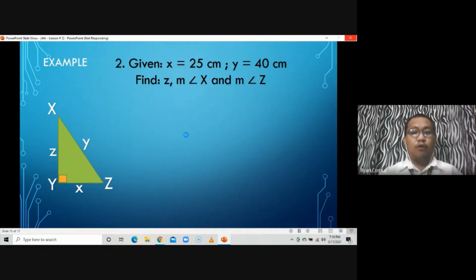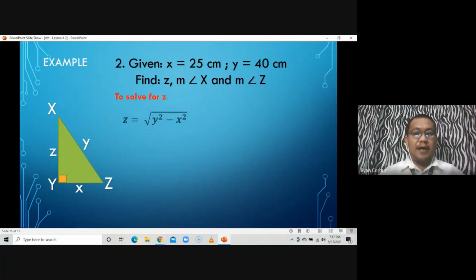So, to solve for Z, we are going to apply the formula Z is equal to the square root of Y squared minus X squared. So nakuha natin yan by analyzing yung Pythagorean theorem. So since the leg is what we are looking for and Y there is the hypotenuse, it should be the square root of the square of the hypotenuse minus the square of the other leg.